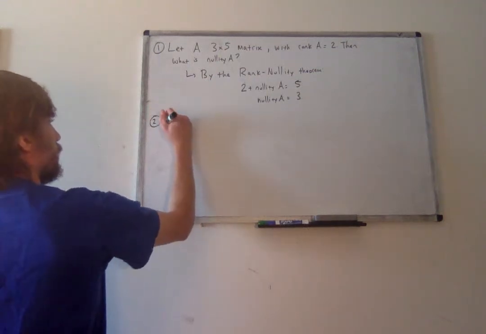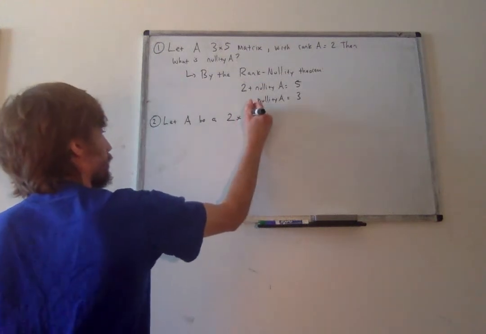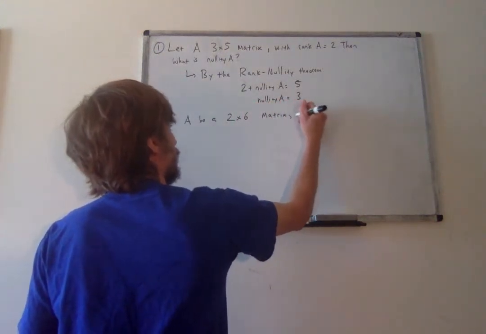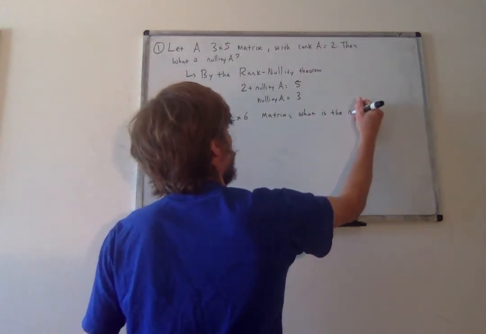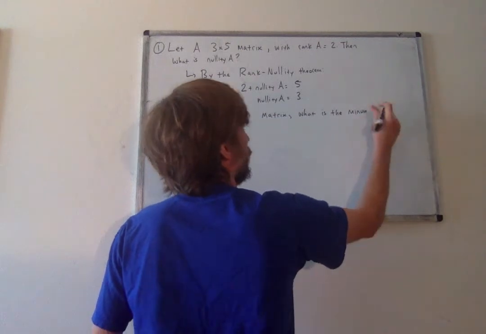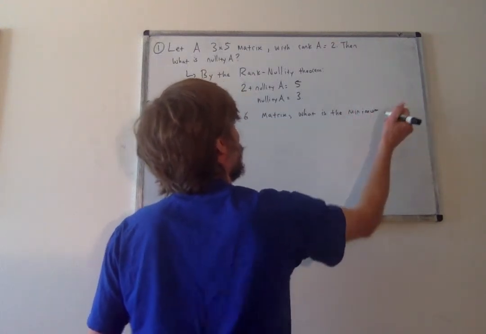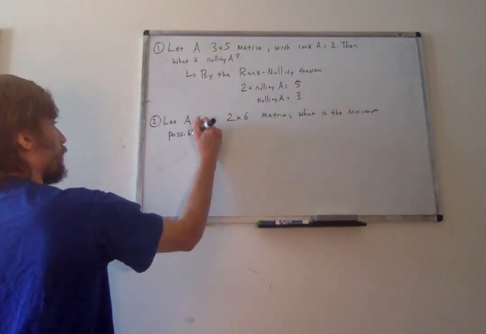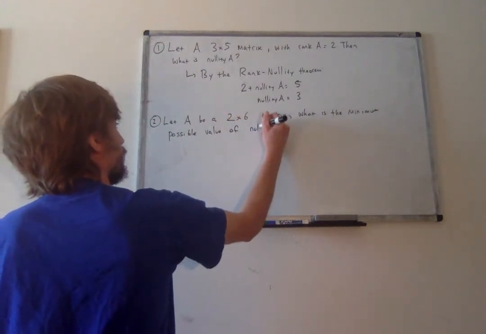Second, let A be a 2x6 matrix. What is the minimum possible value of the nullity of A?